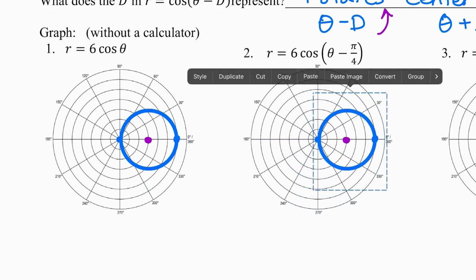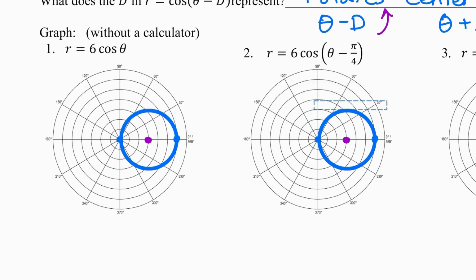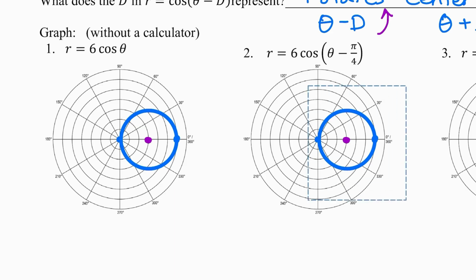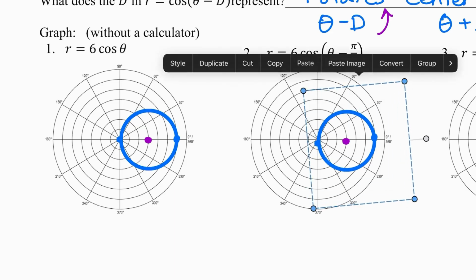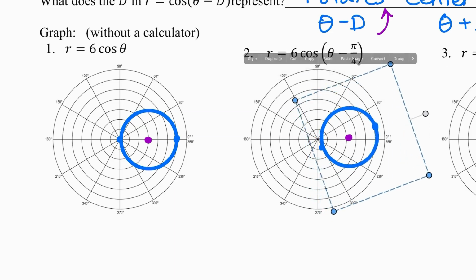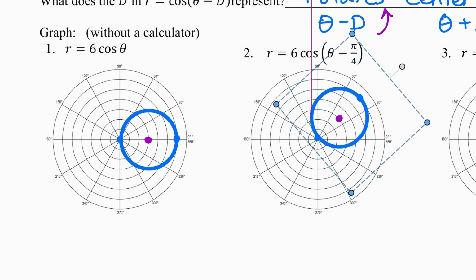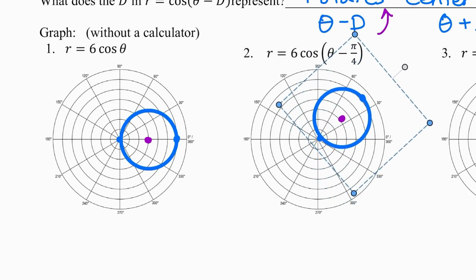What happens is if I am subtracting pi over 4 on the inside, it's going to rotate this 45 degrees, or pi over 4, in the counterclockwise rotation. I'm going to rotate it and move it around. That's not quite 45 degrees. It ends up looking something like that.